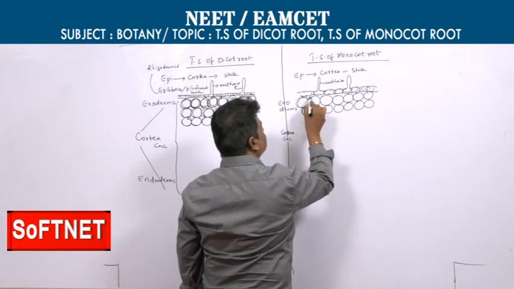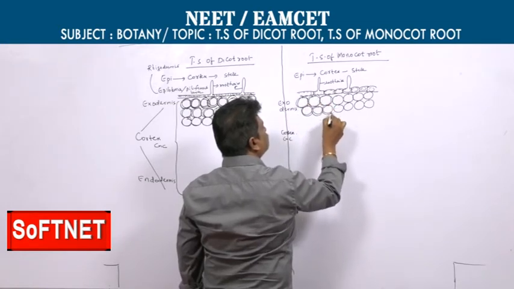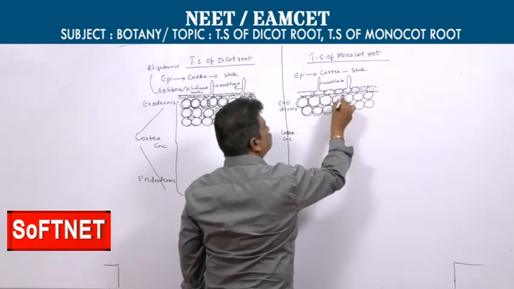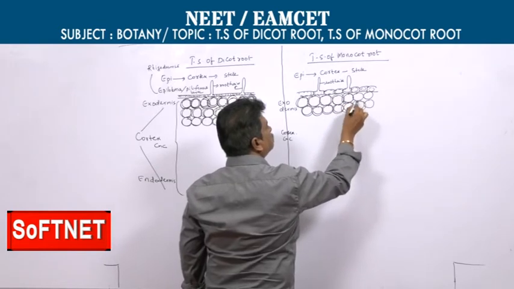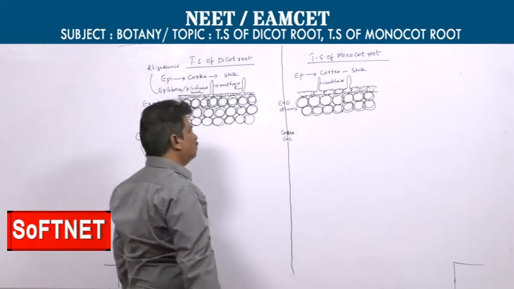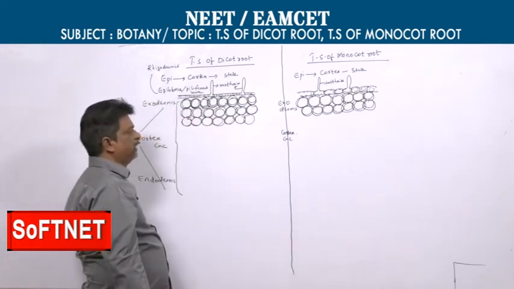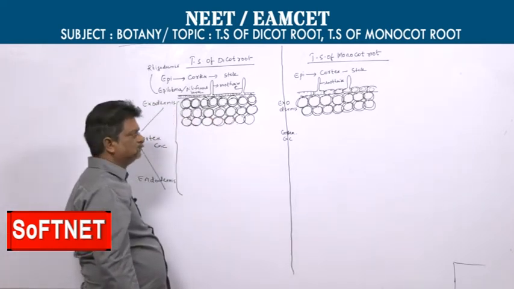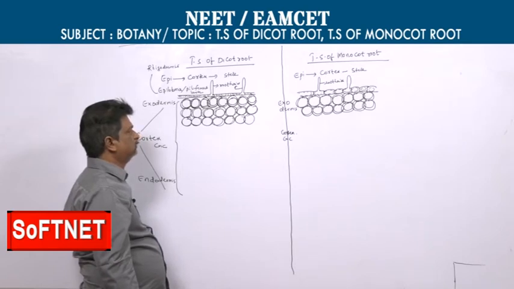Same in monocot root, outer cortical cells, due to deposition of suberin, become thick-walled. In old root, they act as protective layer, and they prevent leakage of absorbed water. This is exodermis.